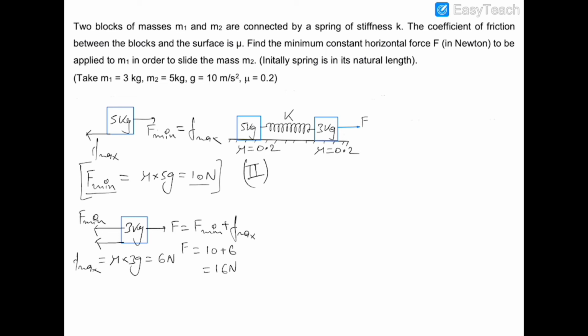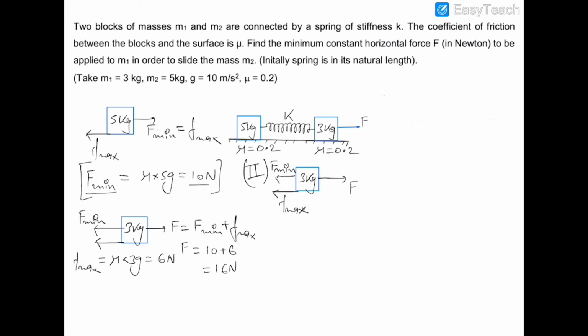In this method we will equate the energy on the 3 kg block. Now this is the 3 kg block and this is force F, and these are the forces which are acting on this block other than the applied force. This is the spring force, and this one is the friction. In fact it is F minimum.